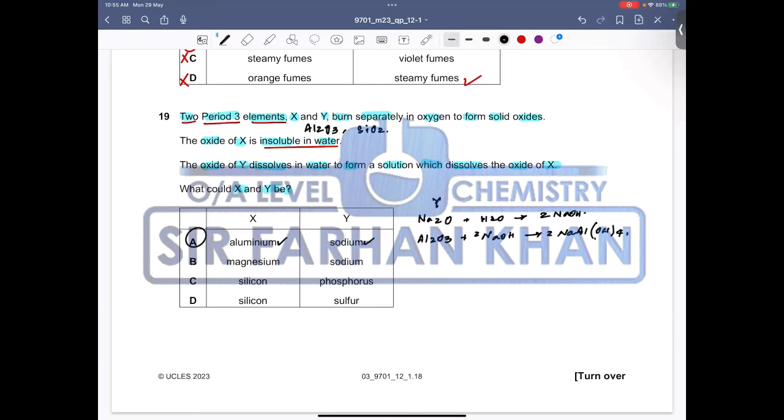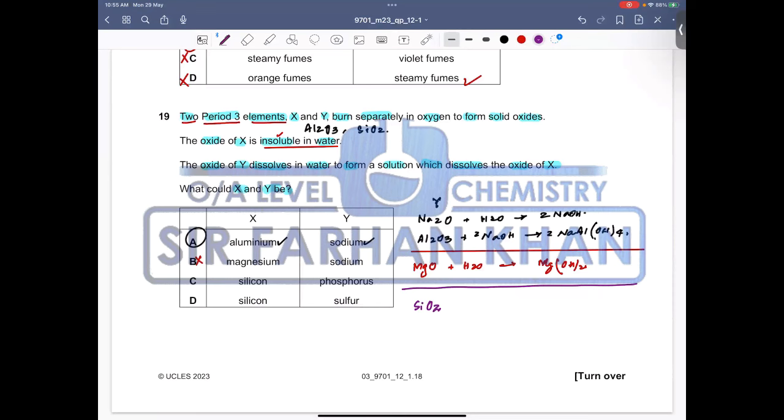And therefore A is going to be the right answer, but let's talk about the B, C, and D options as well. With B, if X is magnesium, it will form magnesium oxide, and magnesium oxide is only sparingly soluble in water, giving you magnesium hydroxide, whereas the question says insoluble in water, which means B is incorrect. If X is silicon and it forms silicon dioxide, it's an acidic oxide.